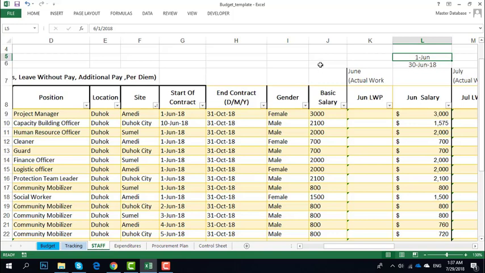So it will be equal to her basic salary, which is 3,000, divided by 20 days. It means that for Salwa, we pay her in June $150 for each day she's working with us.